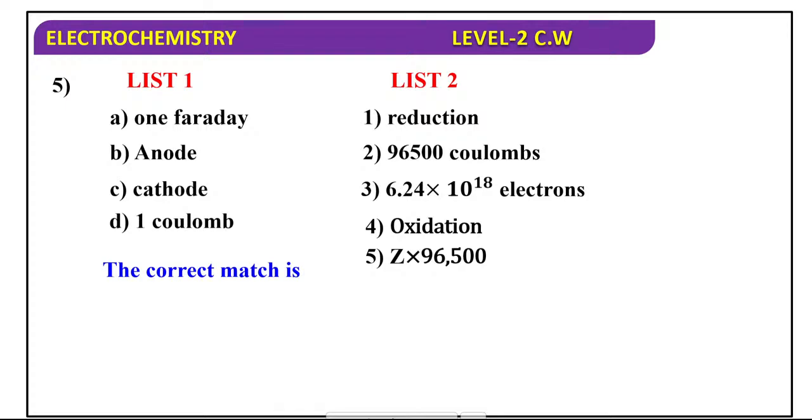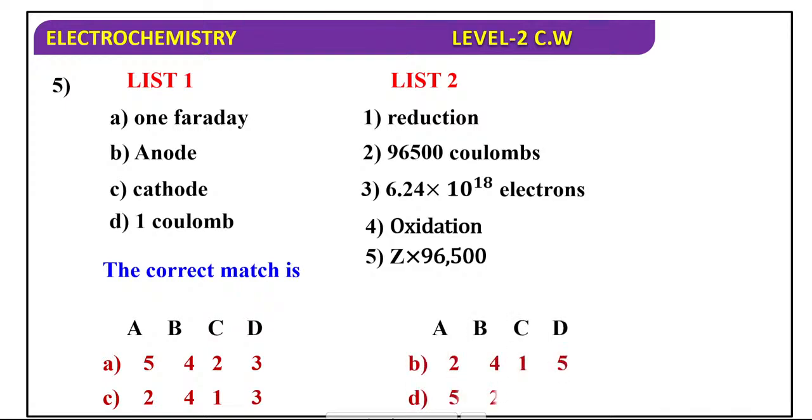So 1 Faraday: anode, cathode, 1 coulomb is a reduction, 96,500 coulombs, 6.24 into 10 power 18 electrons, oxidation Z into 96,500. So which option is true? Which option is correct?